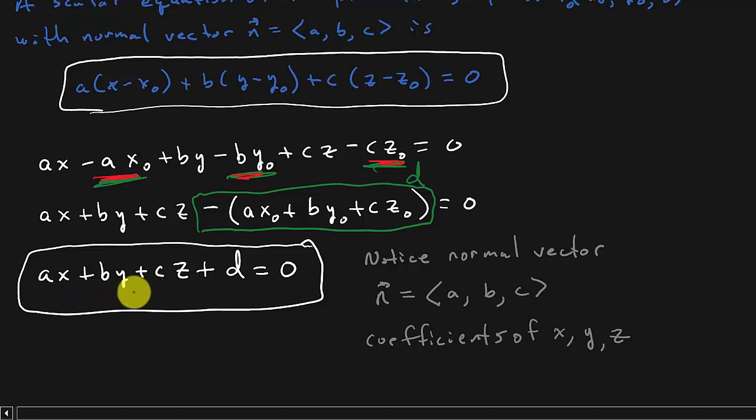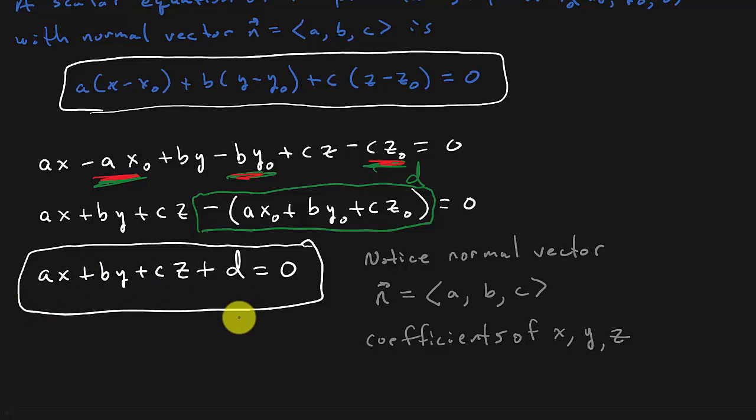So if they give you the equation of a plane in this form, you know what the normal vector is. That might come in handy.